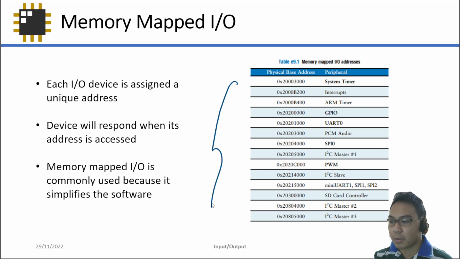This is an example put forth by the Harris and Harris book, and these are actual memory mapping addresses for the peripherals of some ARM microcontroller, if I remember that correctly.